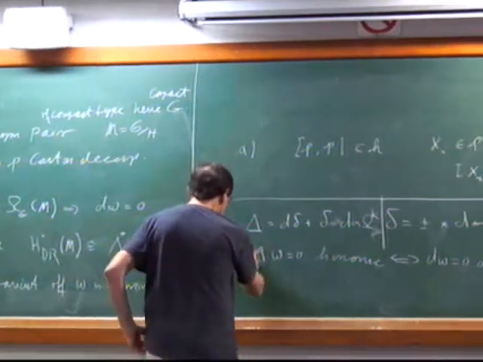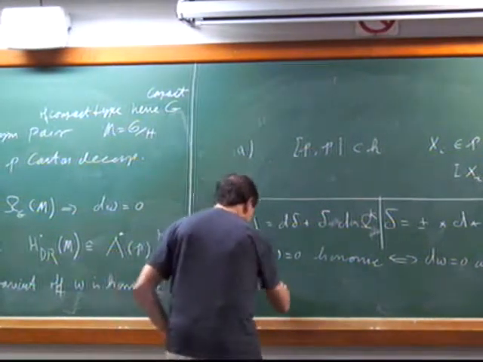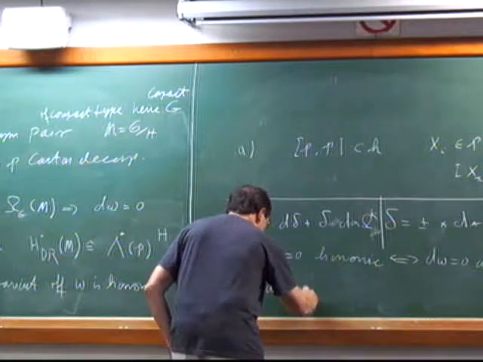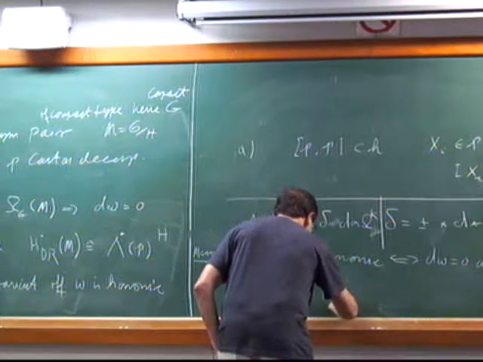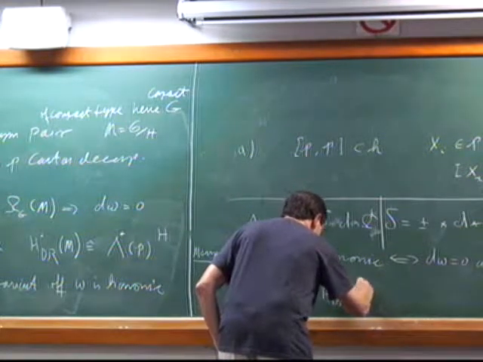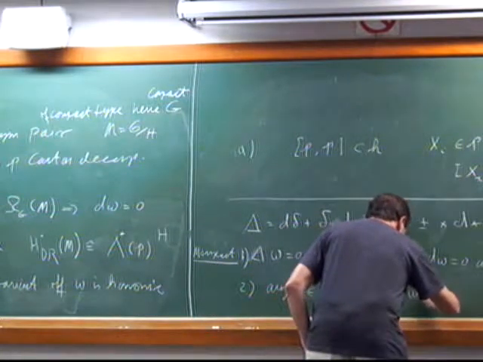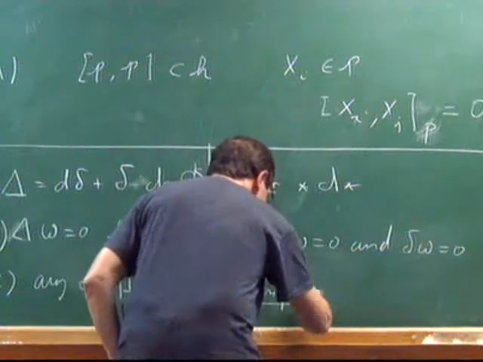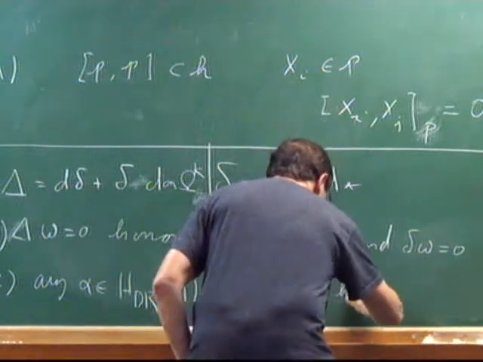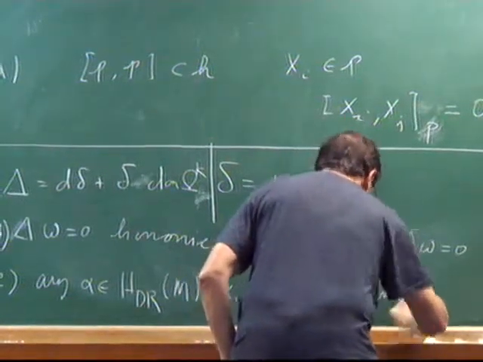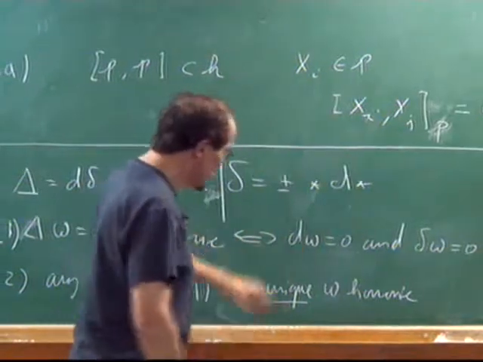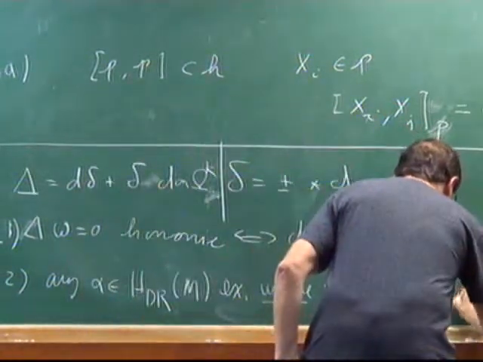So for any alpha in the de Rham cohomology of M, there exists a unique, that's important, omega which is harmonic. Of course, if it's harmonic, it's closed, so I have a de Rham cohomology class. It is a given de Rham cohomology class.